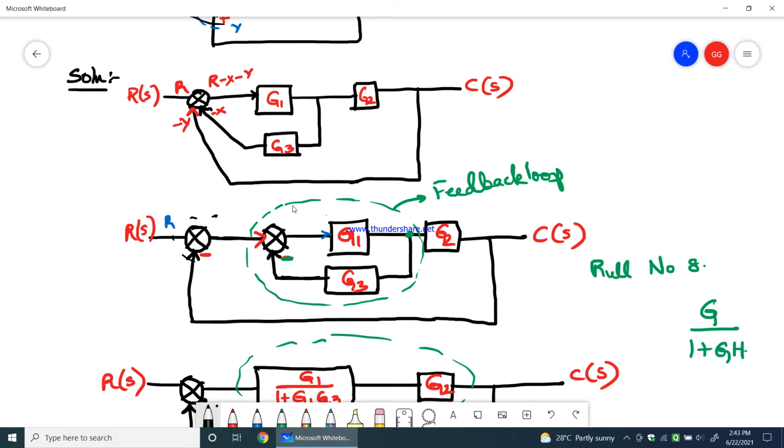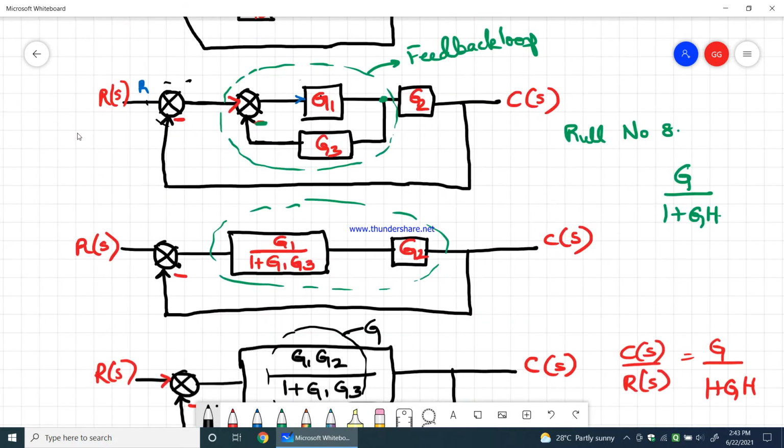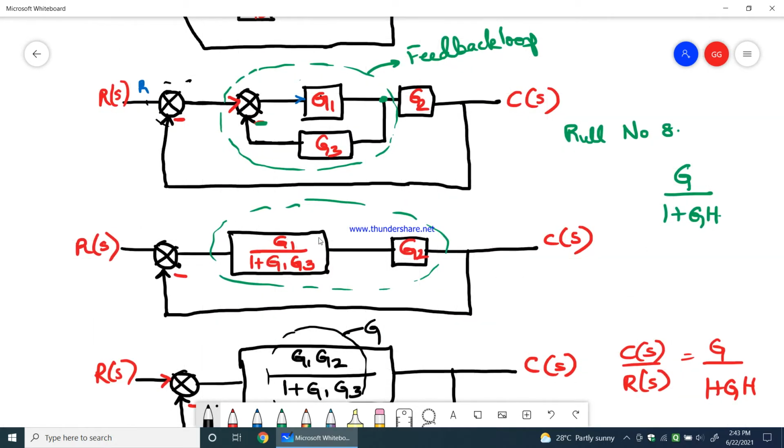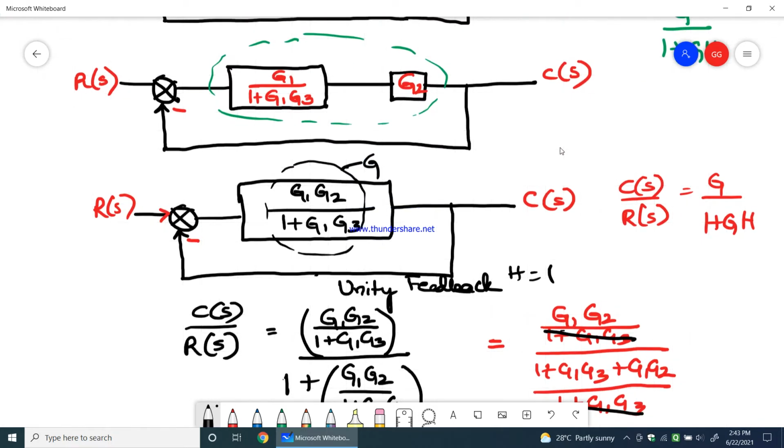and then after applying rule number 8, feedback loop. Okay, so eliminating the feedback loop, that is what rule number 8 is, we will be getting this one, where to eliminate we normally use G by 1 plus GH, where H is here G3, where G1 was G. So G1 by 1 plus G1 G3. Now you got this block in series with this block, so you multiply both, where you can write G1 G2 by 1 plus G1 G3, and then you got a single feedback loop.